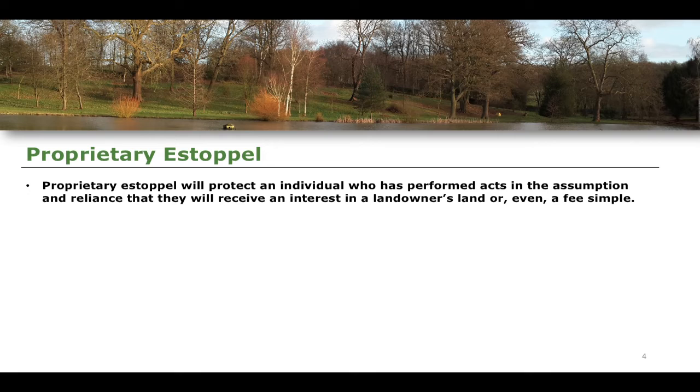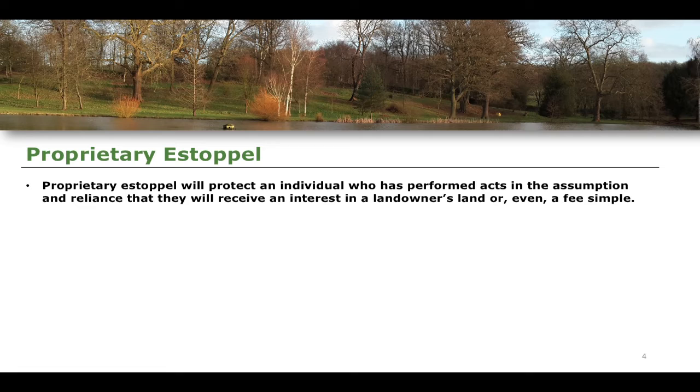Proprietary estoppel protects an individual who has performed acts and done certain things with the assumption and upon the reliance that they will receive an interest in the landowner's land, or even a fee simple. So you can see the clear comparisons between promissory estoppel on the one hand, in the law of contracts, and proprietary estoppel on the other.